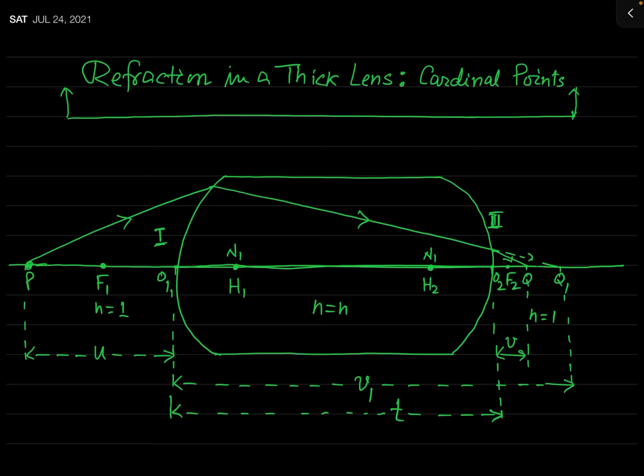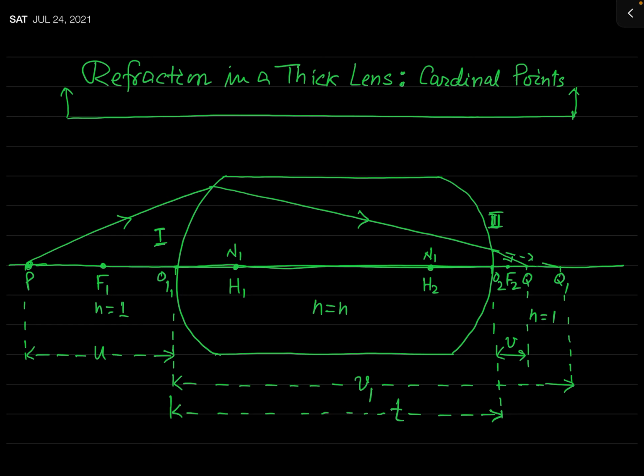Since this thick lens is just a combination of two curved surfaces, we will apply the concept of image formation for a combination of curved surfaces. In case of two curved surfaces, the image formed by the first surface acts as a virtual object for the second surface, and then the final image is formed.